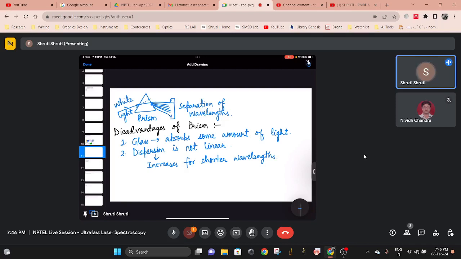From the actual light path, red has been dispersed the least and violet has been dispersed the most. So it's not a linear relation. Each wavelength is not being dispersed by equal distance. So this is also a disadvantage.